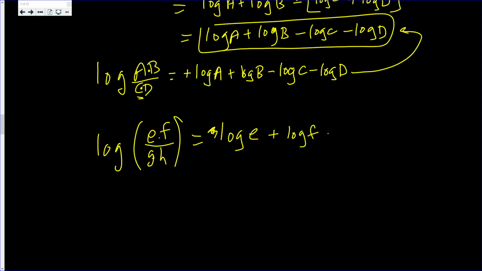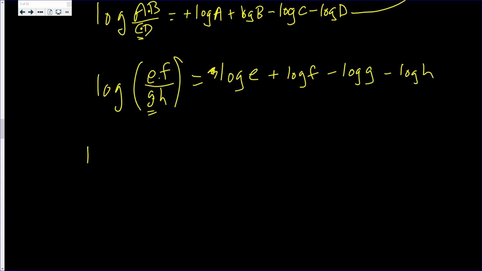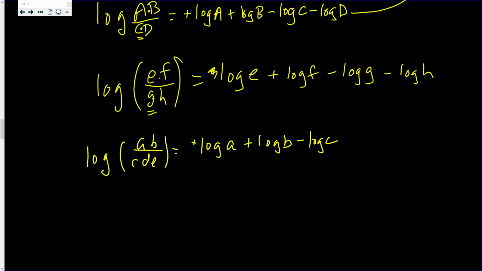Plus log F minus, it's in the bottom, minus log G minus log H. And if you have log AB over CDE, it's log A, because it's in the top, I didn't say plus, plus log B, because it's in the top, minus log C, minus because it's in the bottom, minus log D, minus log E, because they're in the bottom.